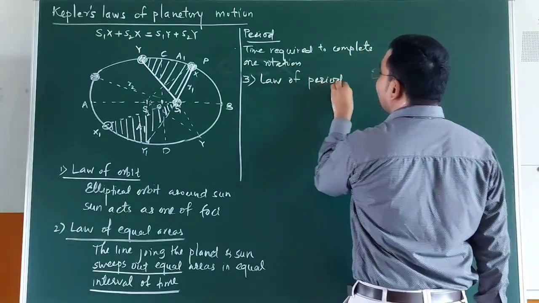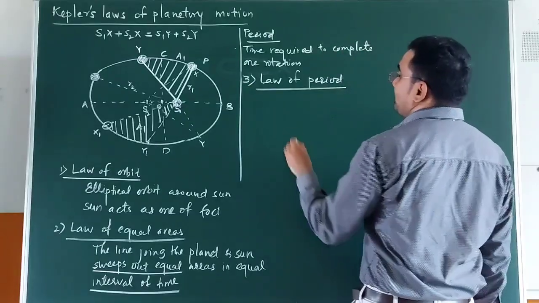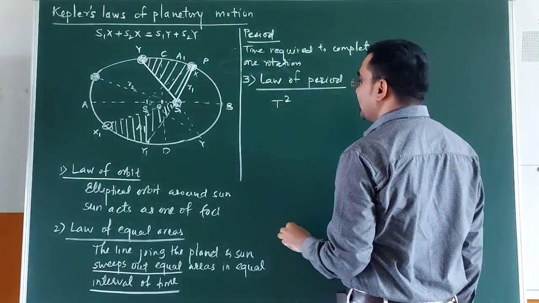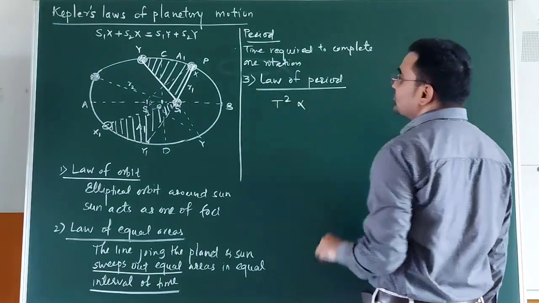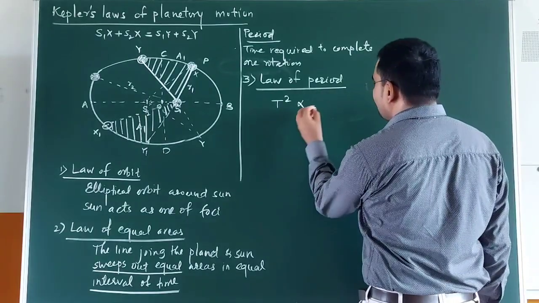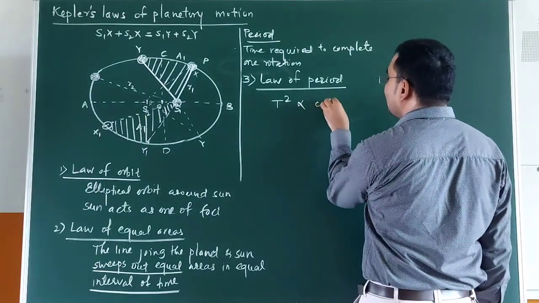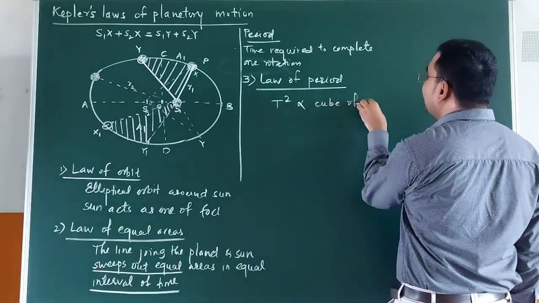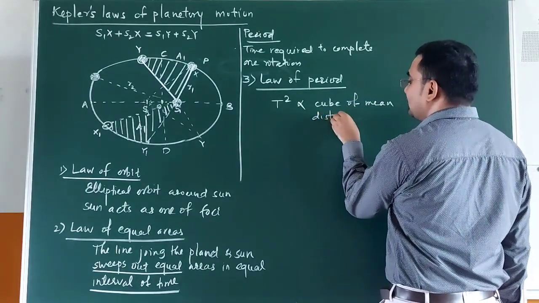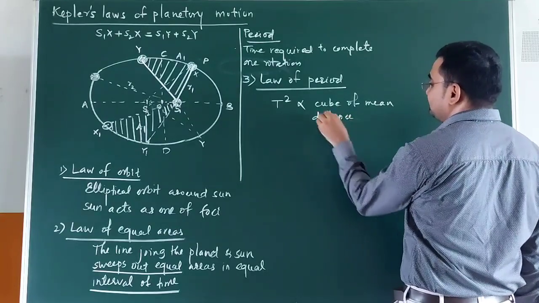According to Kepler, the square of the period of a planet, that is T squared, is directly proportional to the cube of the mean distance of that planet from the sun.